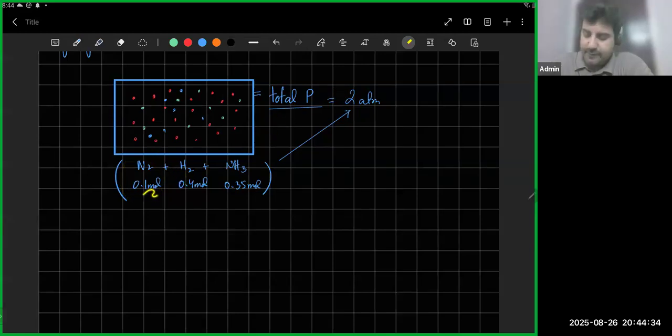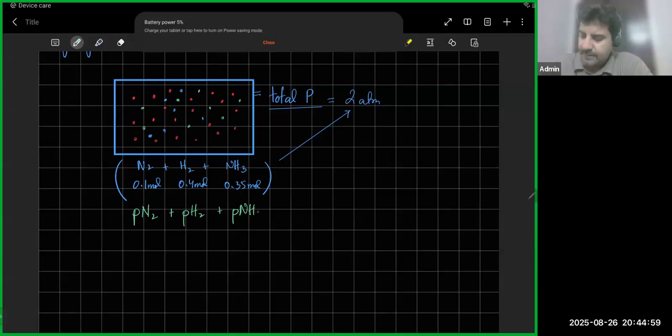So the pressure exerted by N2 plus that by H2 plus that by NH3 is the combined pressure, 2 atmospheres.